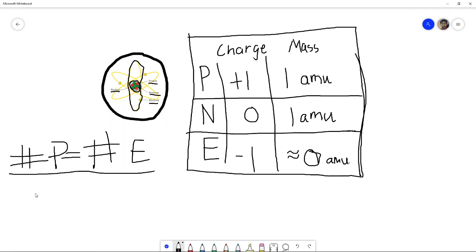Say we have positive x, and x represents the amount of protons. We also know that x is going to represent the amount of electrons because they're the same. Therefore, we can also use negative x to represent the charge of the electrons.